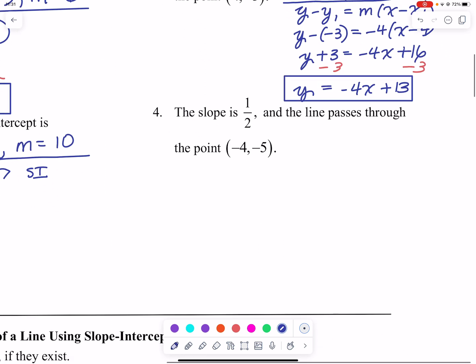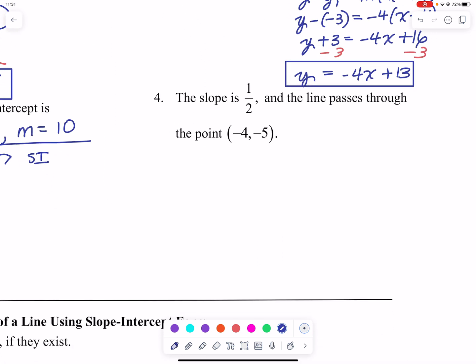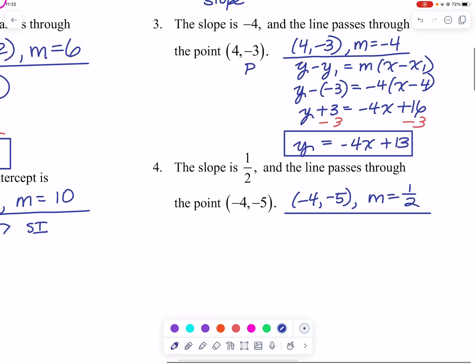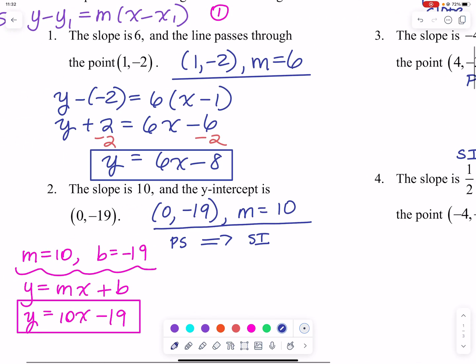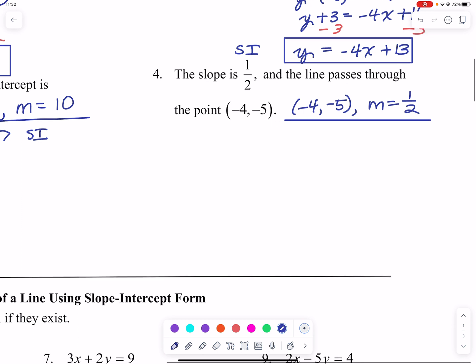Okay, let's look at number 4. Again, we have a point and a slope. We will use our point-slope form and end up with our slope-intercept form.